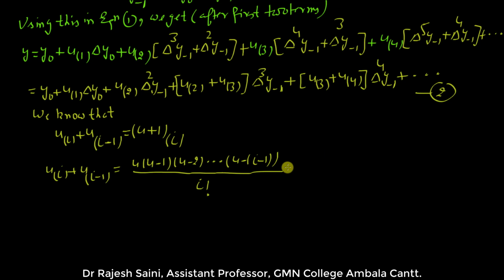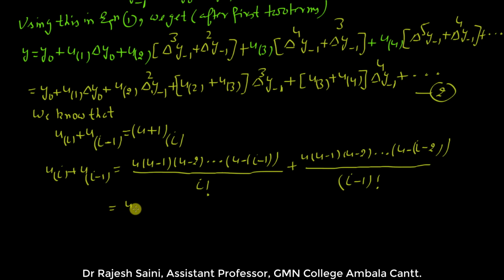Fine. Plus it will be u minus 1, u minus 2 up to u minus, the term before I minus 1, which will be I minus 2, divided by I minus 1 factorial.